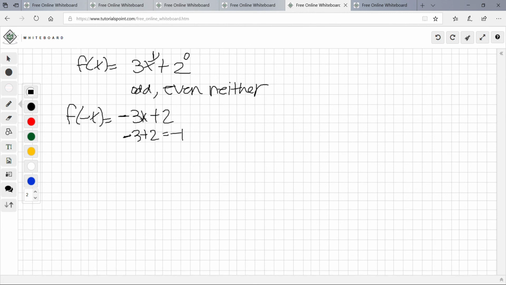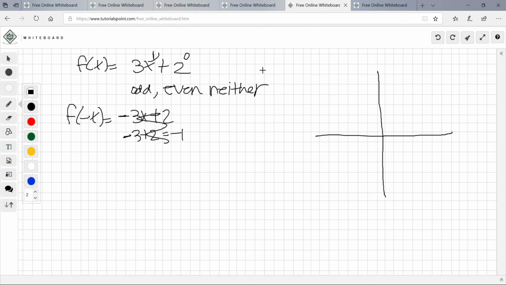So yeah, sometimes this doesn't really work. If you ever get confused, just look at the degrees, like I did. So we know this is 1 and 0, so it's odd and even and neither, and you can graph it if you want to.